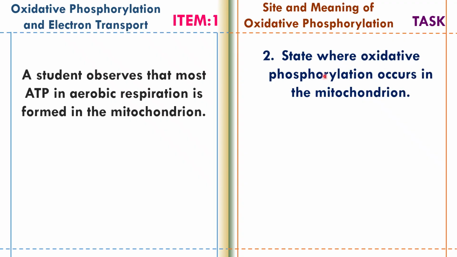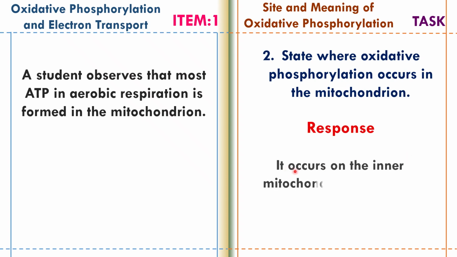State where oxidative phosphorylation occurs in the mitochondrion. It occurs in the inner mitochondrial membrane, the cristae.